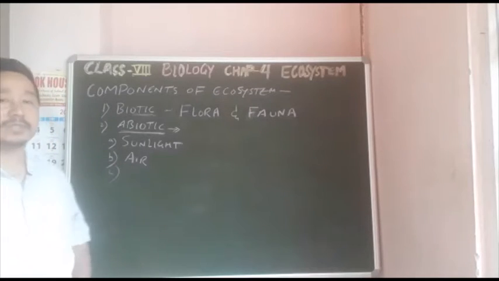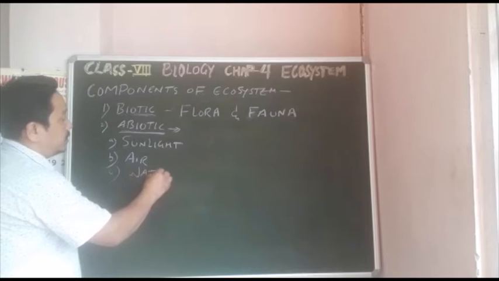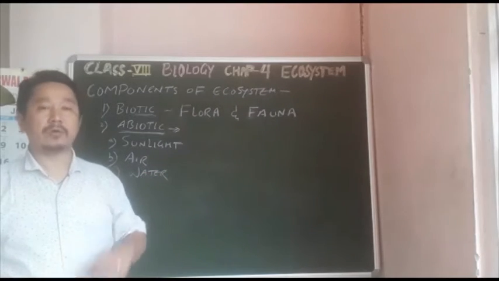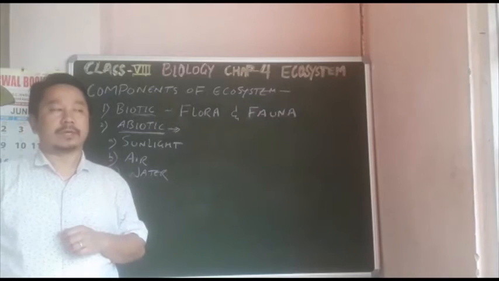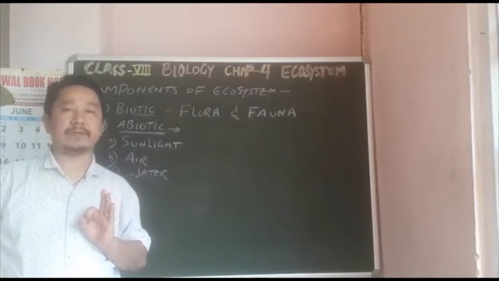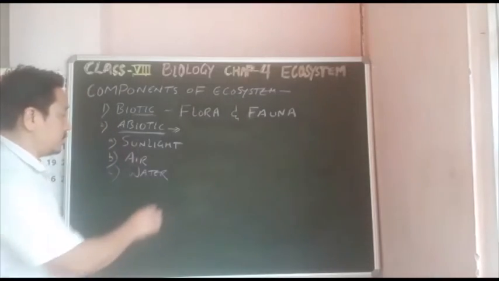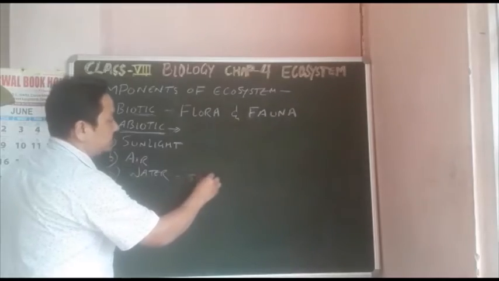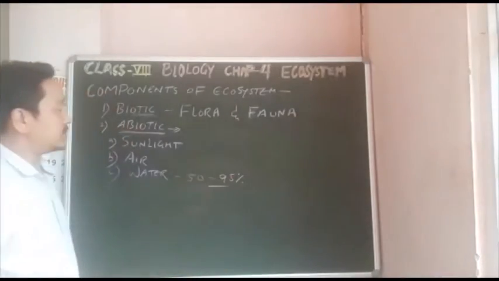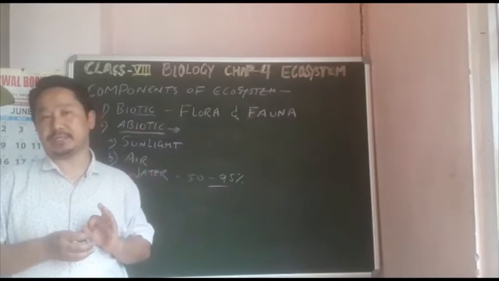Number C, we have water. Another important abiotic factor is water. You know how important water is. 50 to 95% of an animal's body contains water. That important it is.